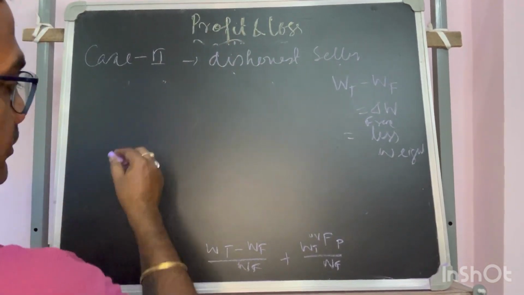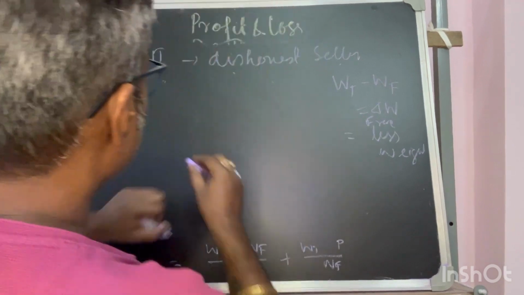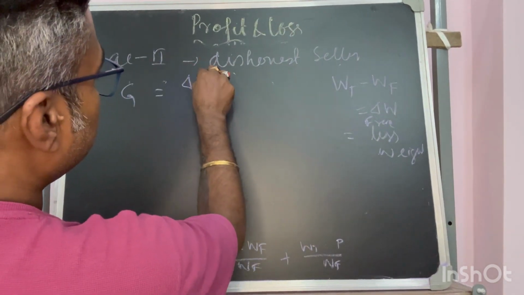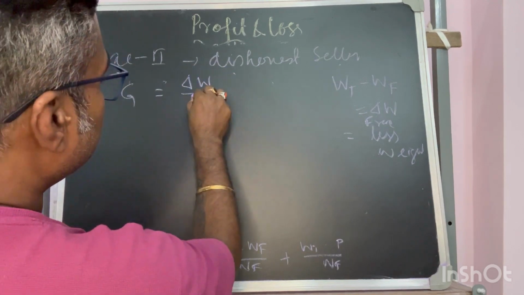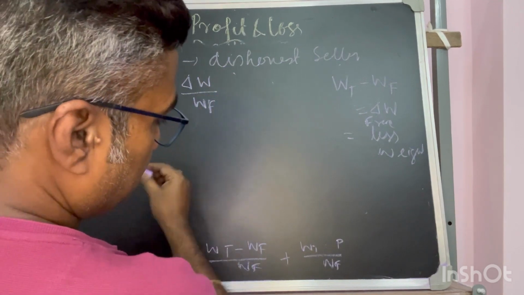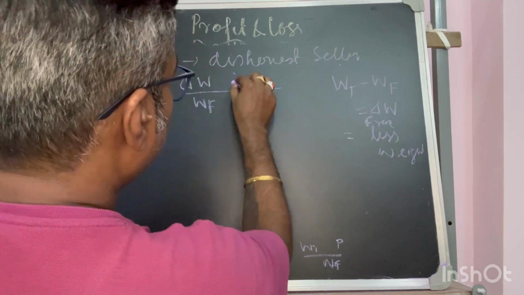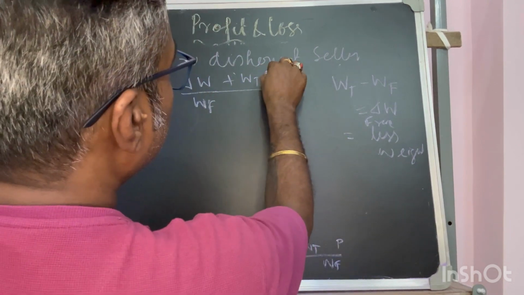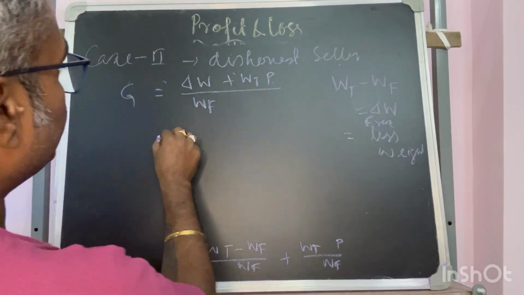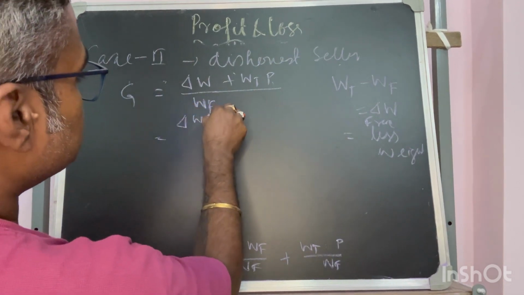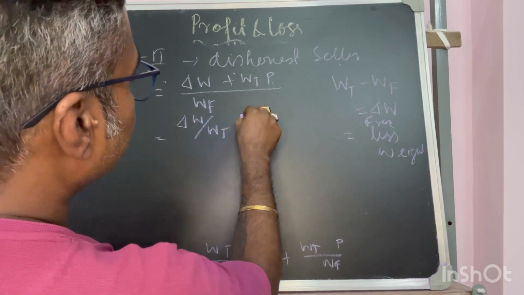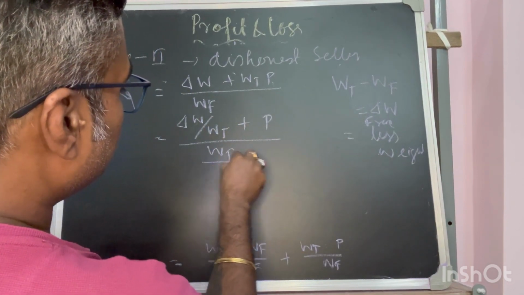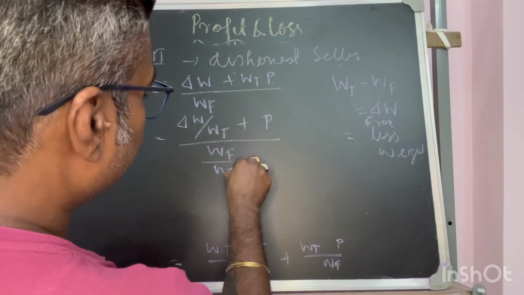So the G becomes delta W by WF, and we'll add it together to get WT into P by WF. Now I will divide all this by WT. This will be P, this will be WF by WT.